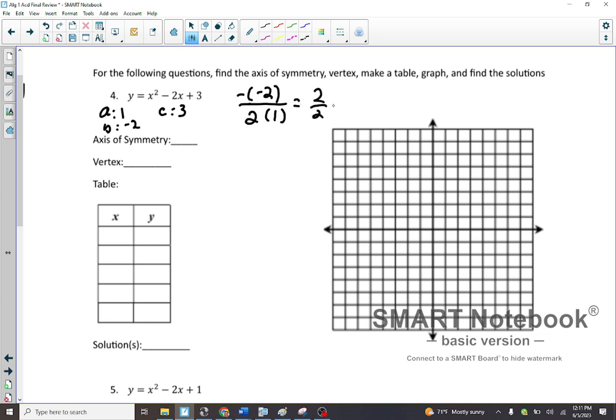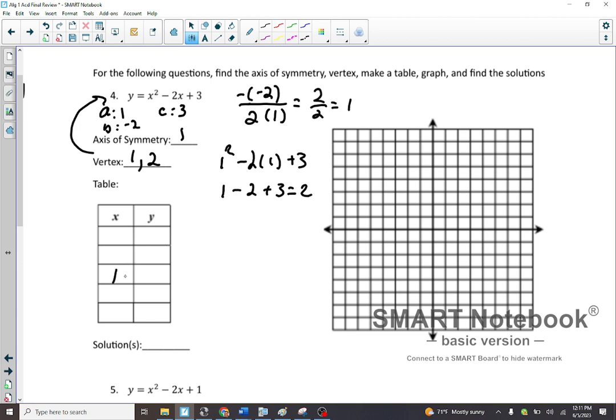So it's 2 over 2, or 1. So my axis of symmetry is 1, which means my vertex is 1, comma, I don't know yet, I'm going to plug it in. So 1 squared minus 2 times 1 plus 3. So 1 minus 2 plus 3. That's negative 1 plus 3. That's going to be 2. So my vertex is 1, comma 2.